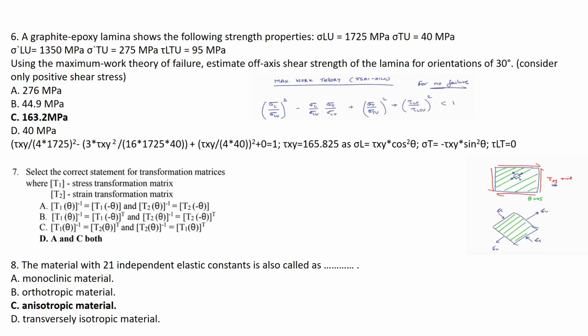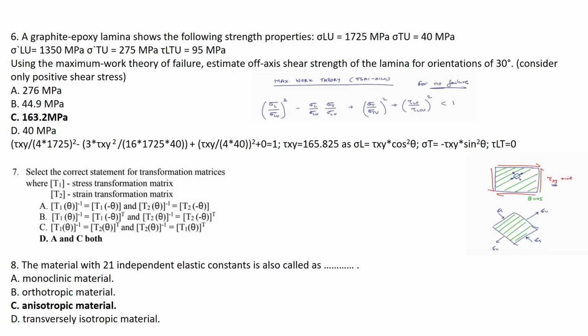Then the eighth question is about how many independent elastic constants there are in each of these materials. Monoclinic materials are crystallized structures which have a specific arrangement. We have not talked much about monoclinic materials here. Then orthotropic materials are the ones in which one direction has higher values, while the directions perpendicular to that initial material axis have far different properties. Anisotropic materials are ones in which properties are different in all directions.